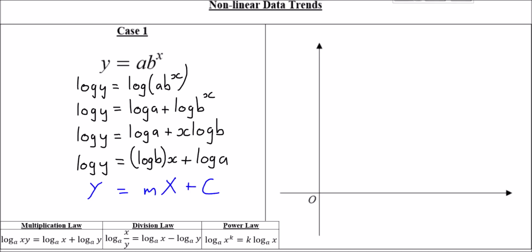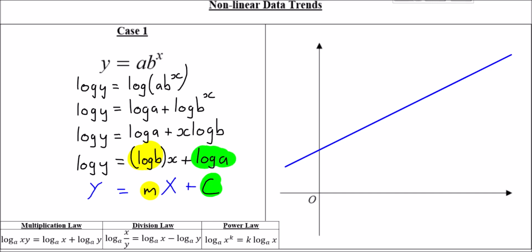So it's going to look like a straight line graph, which I'm going to draw in blue, like we've done this writing in blue. So, comparing the y's to log y, big X to little x, the gradient, m, must be log b, and the y-axis intercept, c, must be log a.